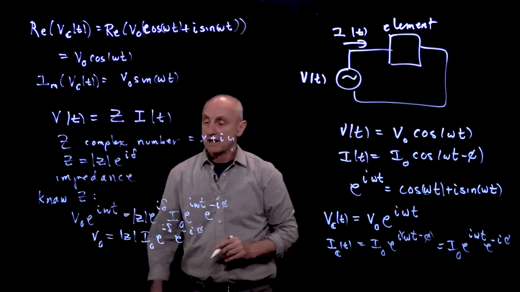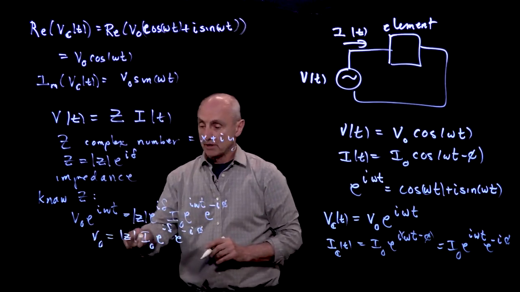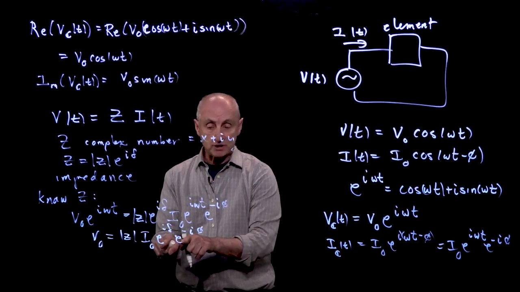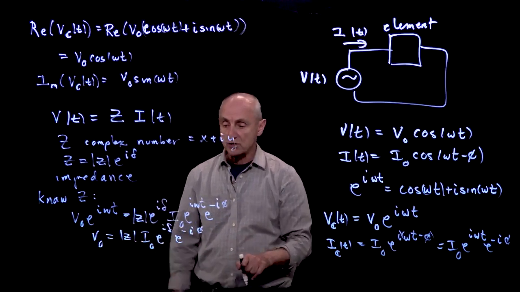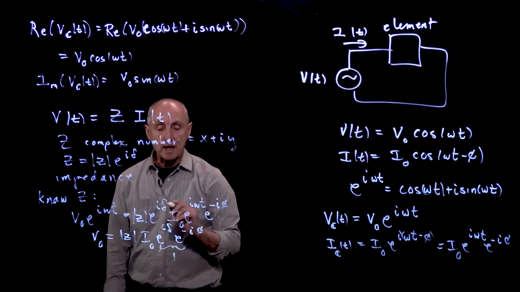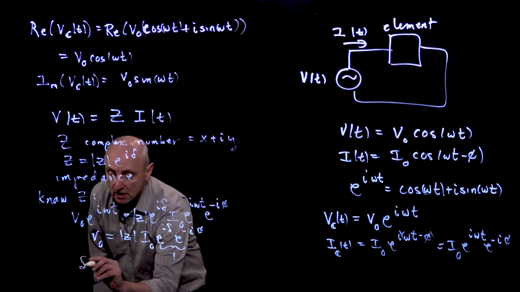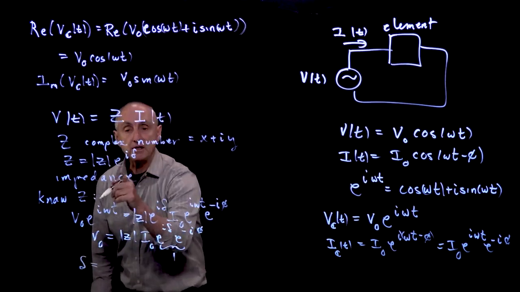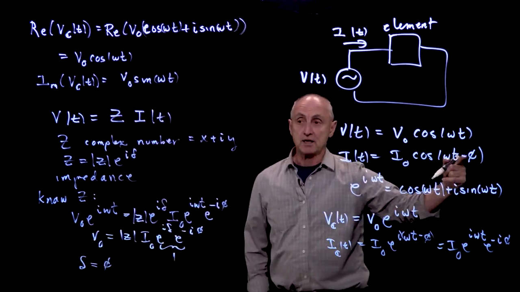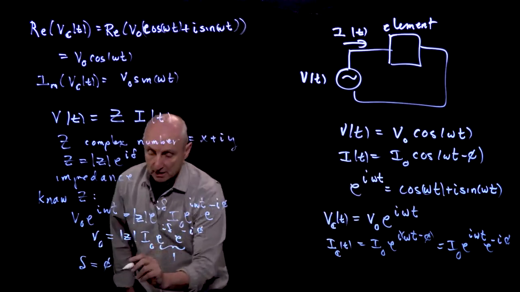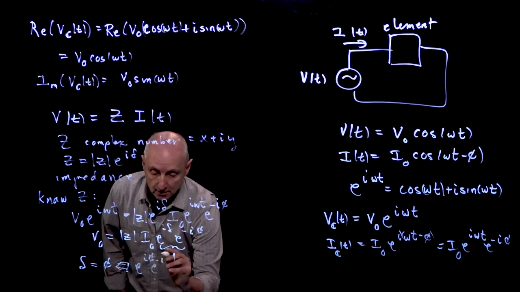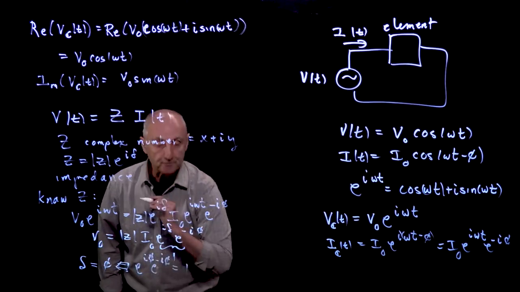Now here, V naught is a real number, the modulus is a real number, I naught is a real number, and we have two complex phase factors, so the only way this equation can work is if this combination is equal to 1. What that means is that the phase of the impedance, delta, has to be equal to the phase that we're trying to find in the current response, because e to the i phi times e to the minus i phi is 1.